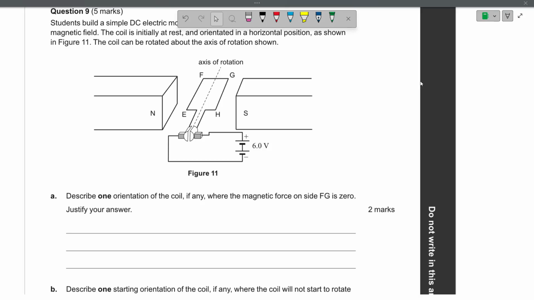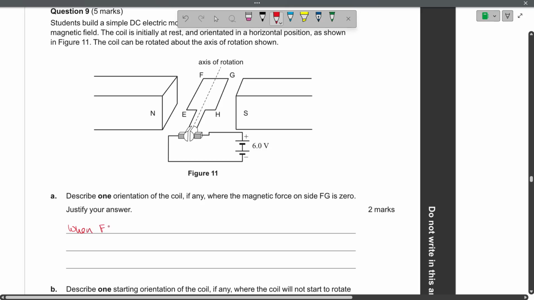If the current is parallel to the magnetic field in any way, then no force will be given to that current. So the position that it's in right now will actually be an orientation where the magnetic force is 0 on FG.